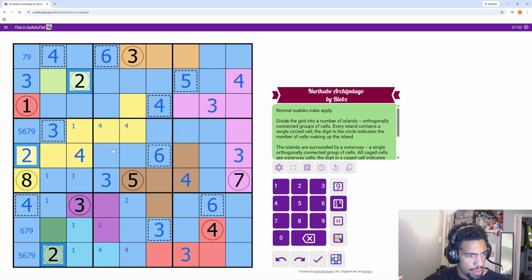Okay. That's not that fun. 2 is in one of these two. So my 2 is up here. So then I have a 2 in one of these two.